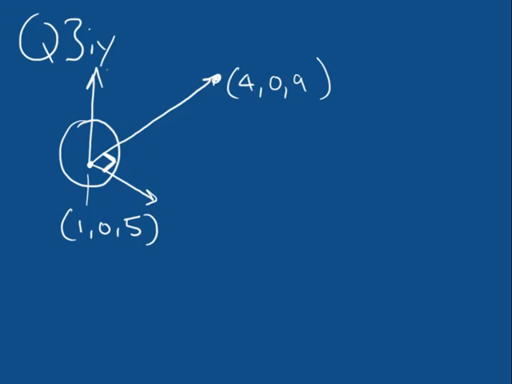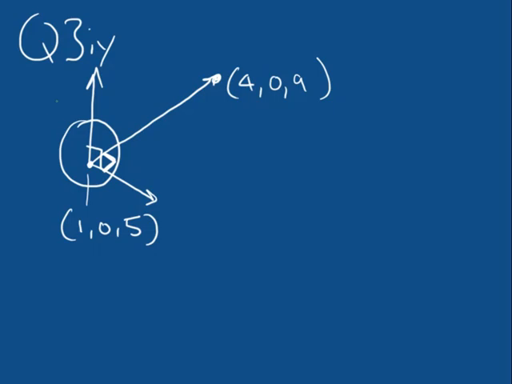We know it's perpendicular to our y-axis, and it's perpendicular to our direction of travel. So if we could find a vector that represents our direction of travel and a vector that represents our y-axis, we could take the cross product of these vectors, and that will give us the axis of rotation for that ball.